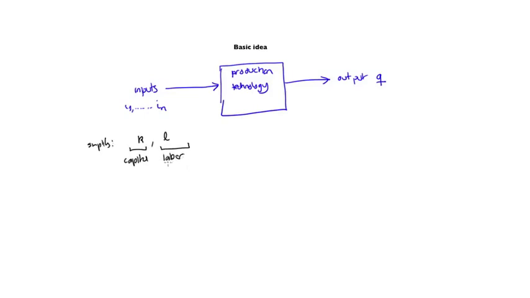You should think about labor as basically the amount of workers, and capital as the amount of machines measured in some machine unit. So we're going to have a production technology that takes a certain amount of capital, a certain amount of labor, and kicks out an output. We're going to denote the general production technology by a function F(K, L) that tells you, for any amount of K and any amount of L, what's the amount of Q that gets produced.